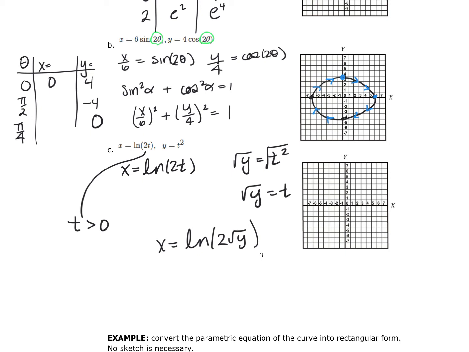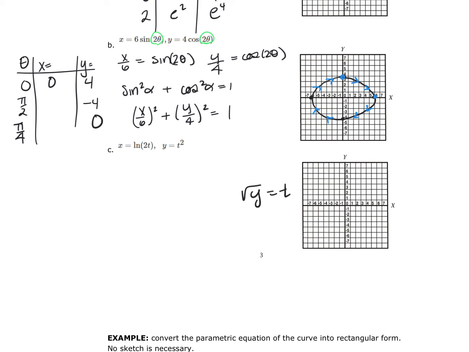What you could have done is taken this equation and solved for t. So if you don't like this, that's totally fine. The restricted domain is still there. This part right here tells me I still have that t has to be strictly greater than 0.